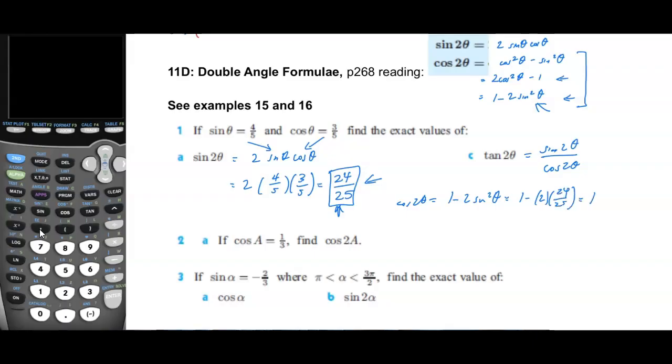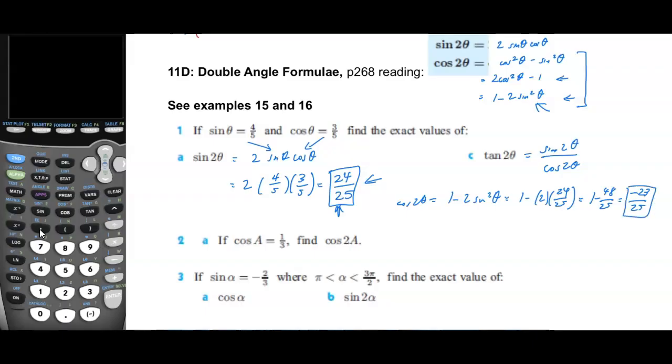So that's equal to 1 minus 48 over 25, which is equal to negative 23 over 25. Is that right? Because 1 is 25 over 25. 25 minus 48 is negative 23 over 25. Okay, yeah, so that's right.